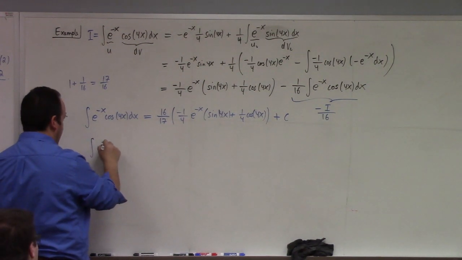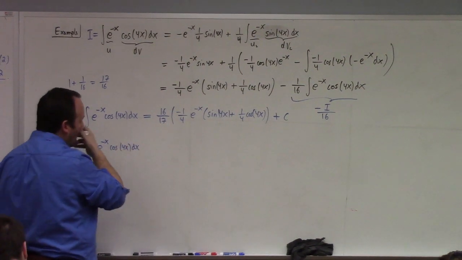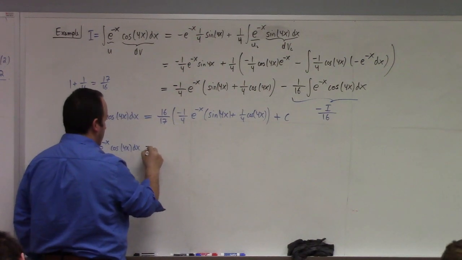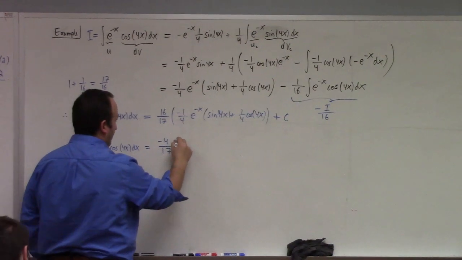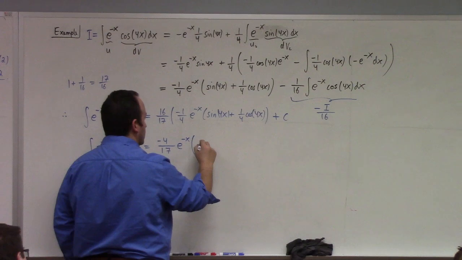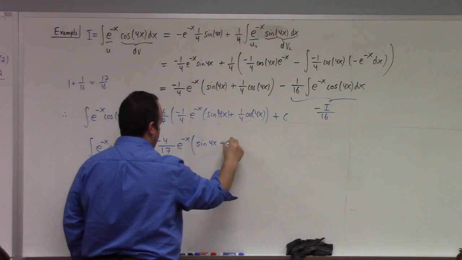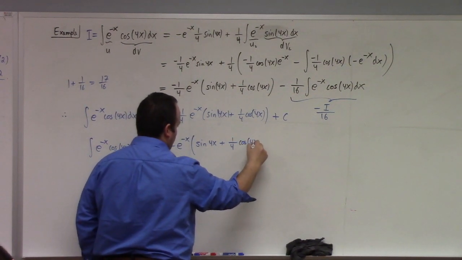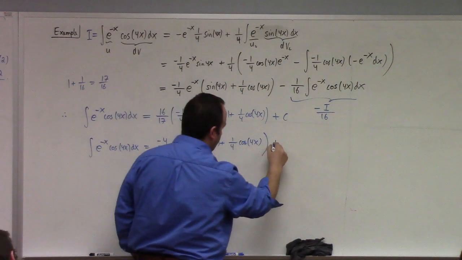That gives me what? Minus 4 over 17 e to the minus x times the sine of 4x plus 1/4 the cosine of 4x plus a constant.